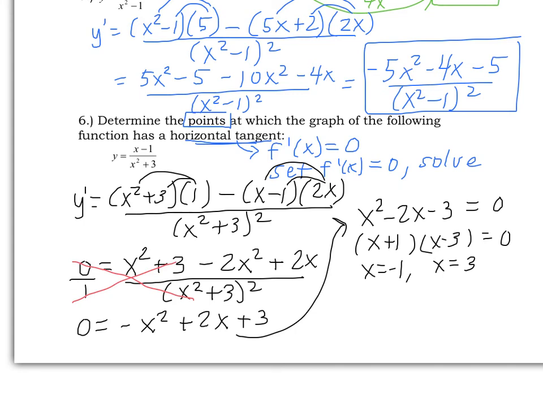And now we need to find the y values that go with each of these x values, because it's asking for the points. So let's plug negative 1 back into the original function, not the derivative. We set the derivative equal to 0, and we found the x values that are going to have a horizontal tangent.